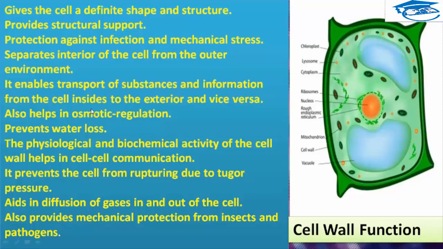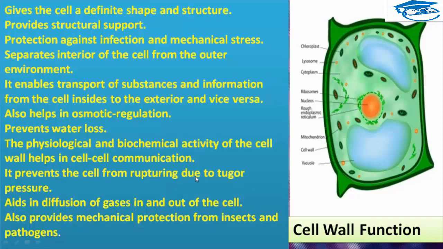It also helps in osmotic regulation, students. It prevents water loss. It helps in cell-to-cell communication also. The physiological and biochemical activity of the cell wall helps in cell-to-cell communication.